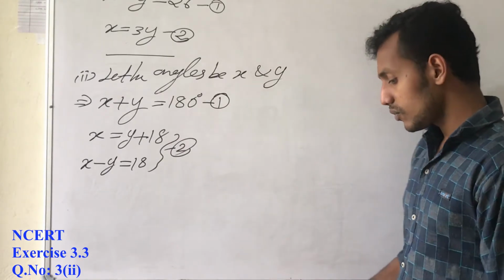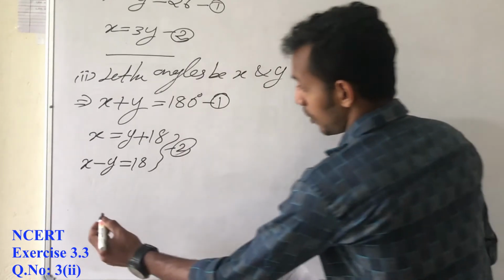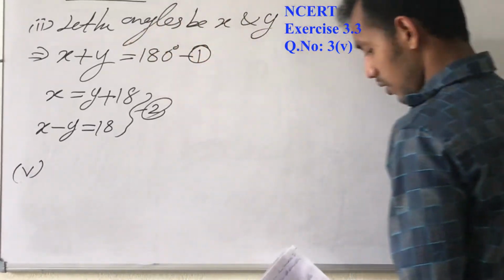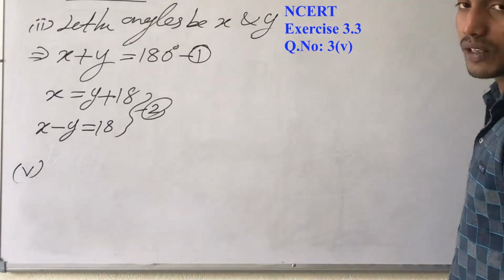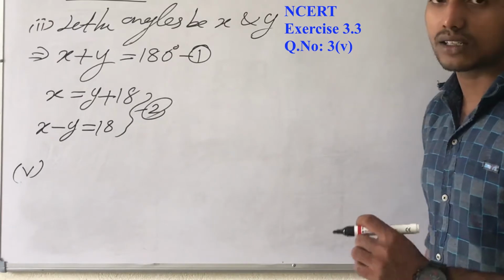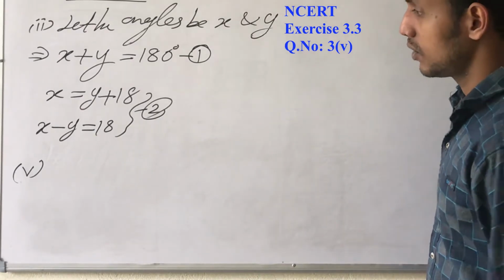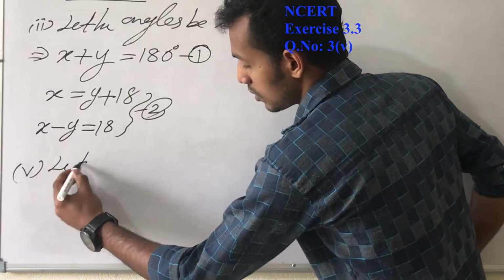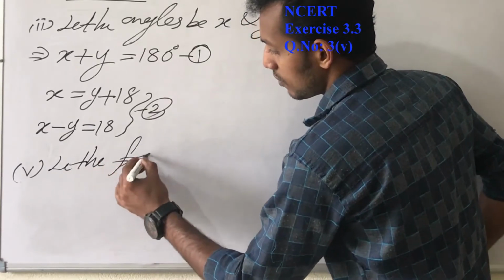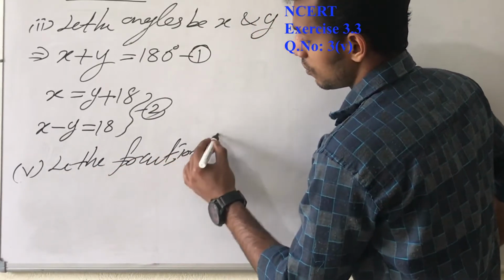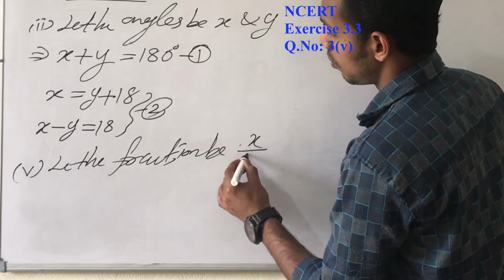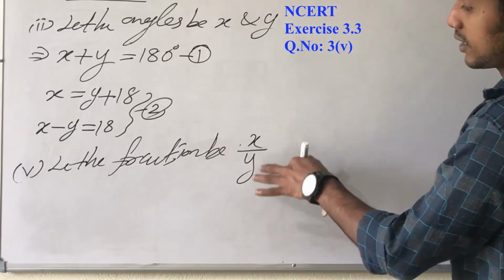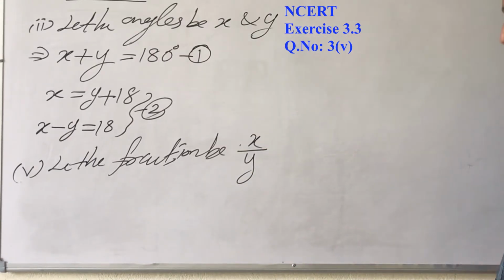Okay. Next question. Question number 5. A fraction means it has a numerator and a denominator. So let the fraction be x by y. x is the numerator and y is the denominator.